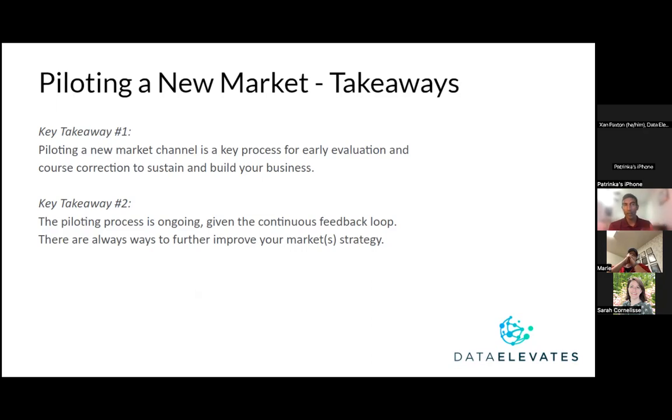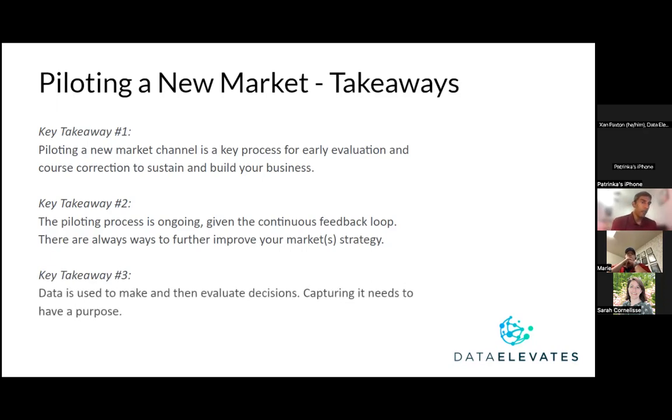So it's just an ongoing process. You're continuously trying to improve on what you're doing, optimize your price, optimize sales, ultimately improve, sustain, and grow your business. So thinking about it as this ongoing loop, essentially, is important.